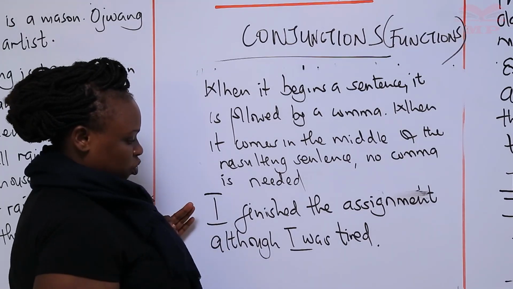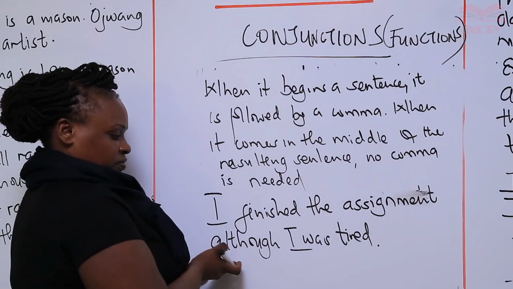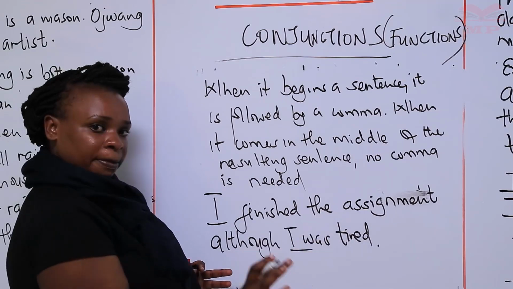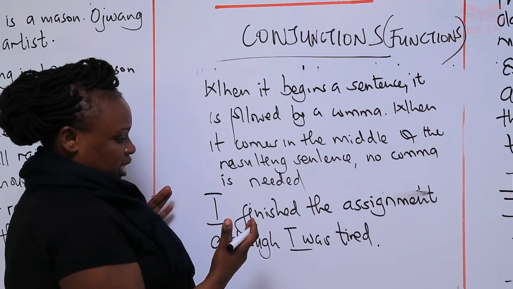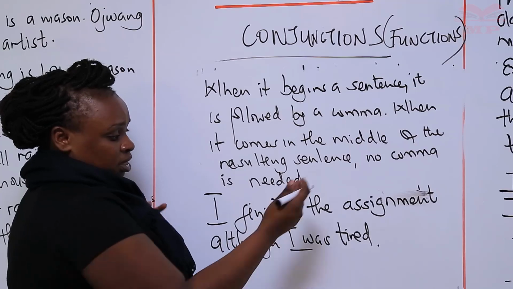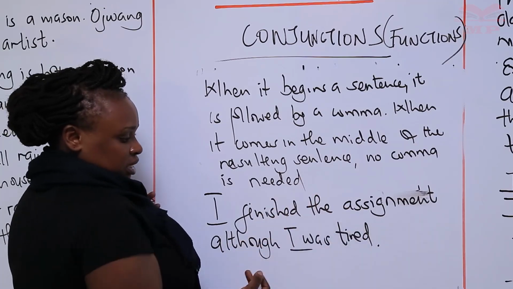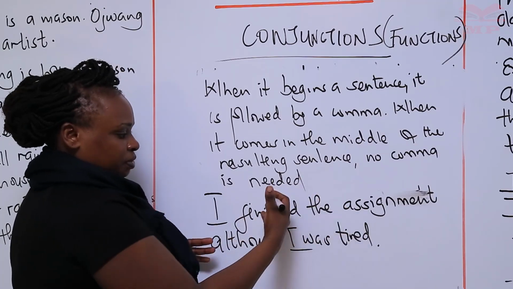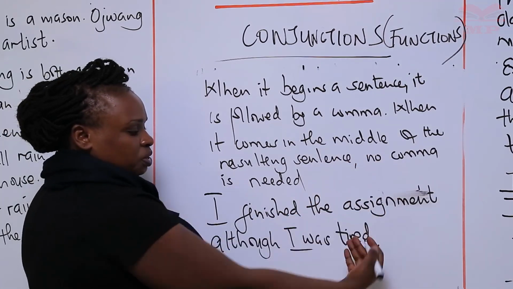All right. So when it comes in the middle of the resulting sentence, then there's no comma needed. Hence why we say that when it comes at the beginning, then there must be a comma, because then it is just an idea that is being introduced. But now here, we already have the main sentence, so we don't need it.